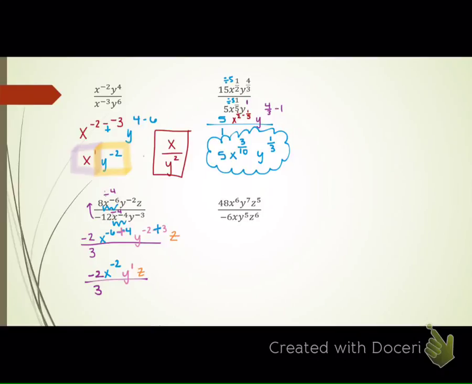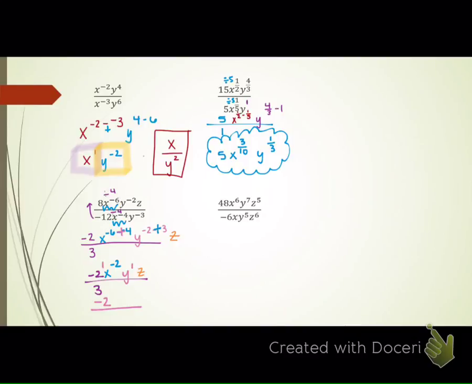What is my final answer, Riley? In the numerator, what do you have and what do you have in the denominator? Does this stay? It has a 1 as an exponent, so does it stay? Yeah, so negative 2. What else is in the numerator? X wouldn't be in the numerator. It has a negative exponent.